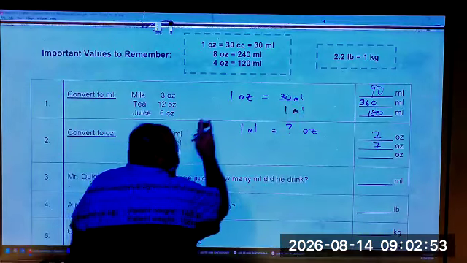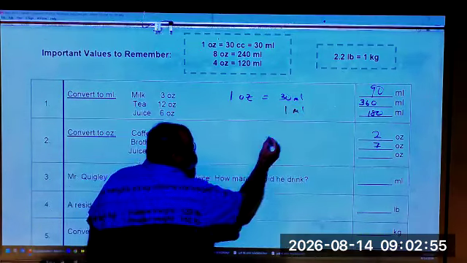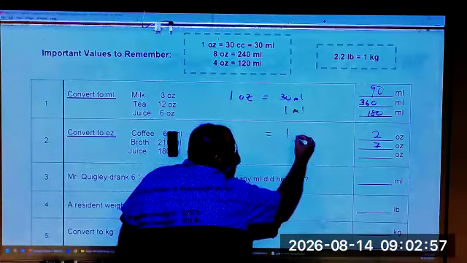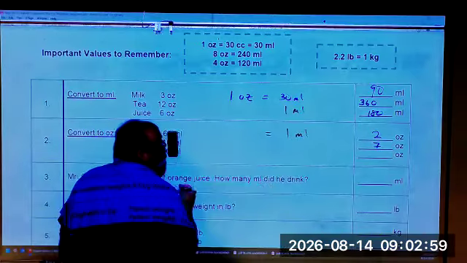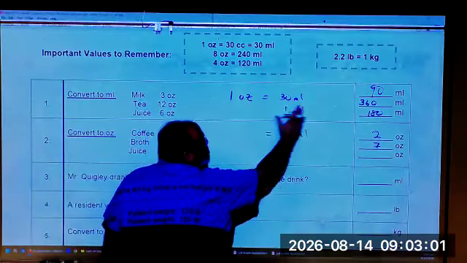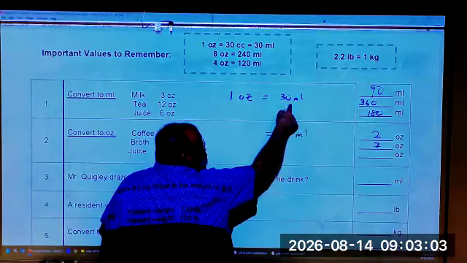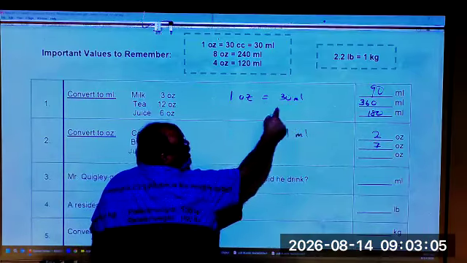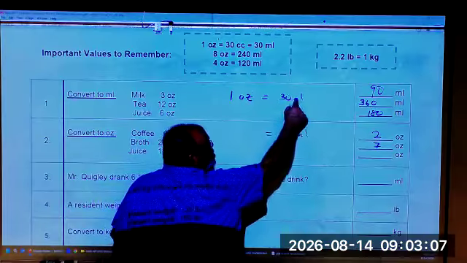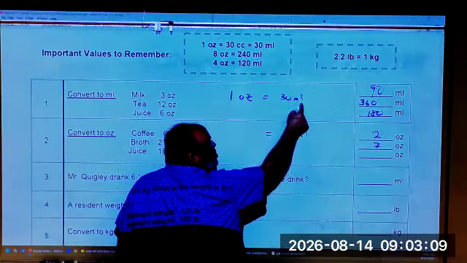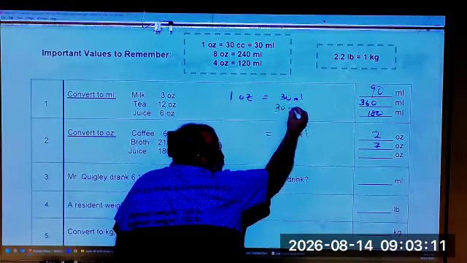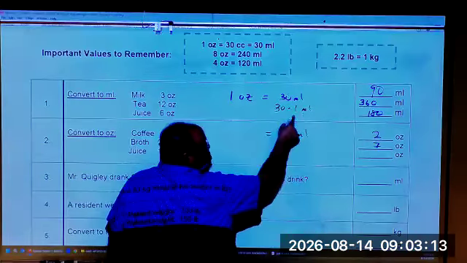I shouldn't have changed sides. So what is 1 milliliter equal? If 30 milliliters is 1 ounce, how do I undo 30 times 1 milliliter? That's 30 times what?